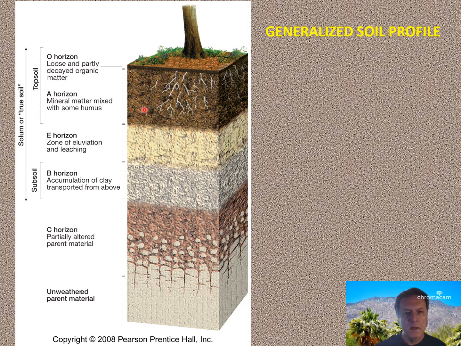And below that is the A horizon, which is mineral matter, so actual particles of sand, silt, and clay mixed with some humus. Humus is organic material. So again, this is a rich layer of soil of minerals and organic material.